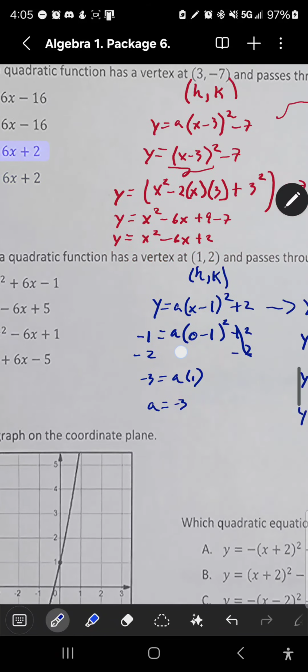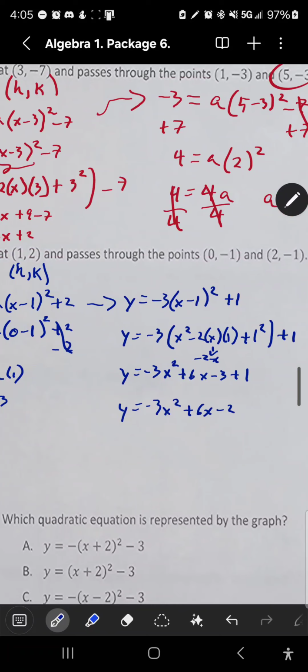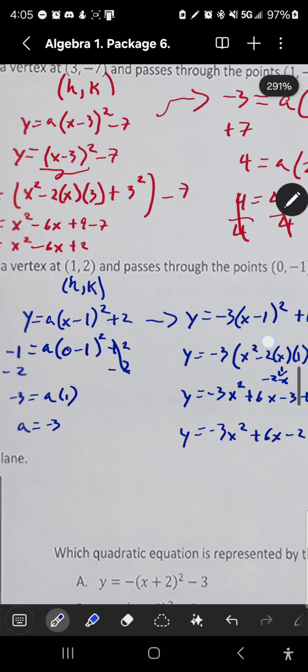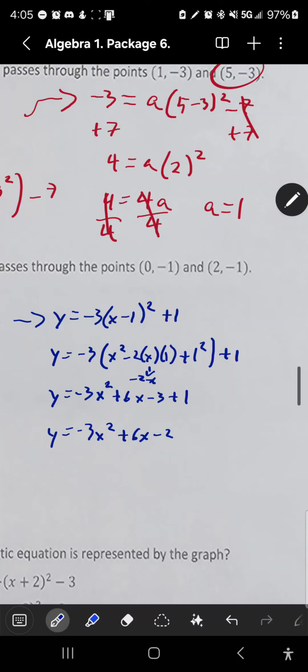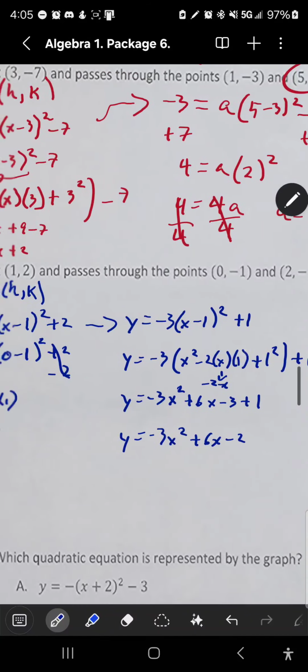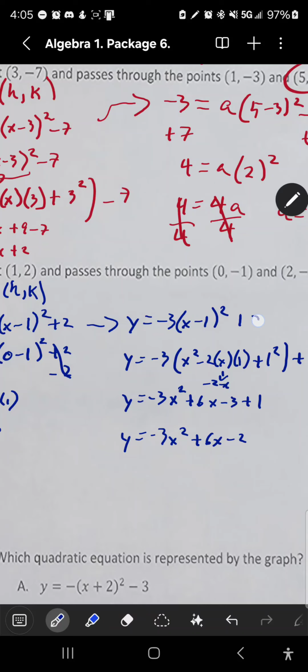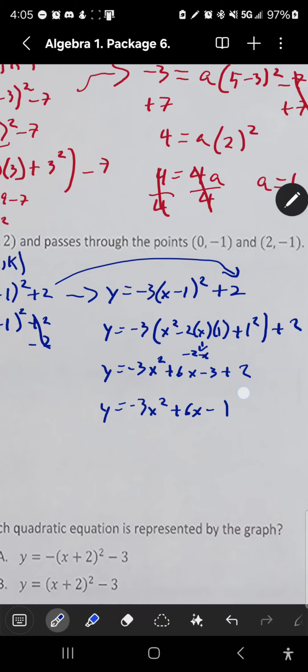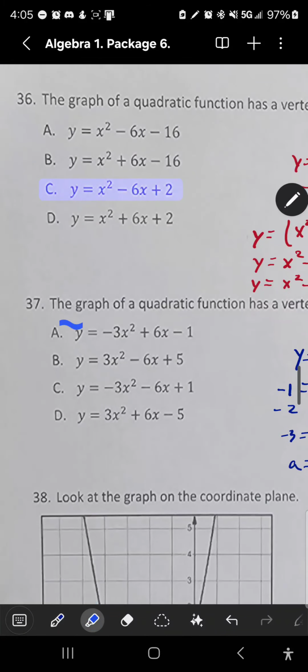So a is equal to negative 3. Oh, I see why. My bad. This is plus 2, and I put plus 1. Sorry about that. So this is plus 2, this is plus 2, and then negative 3 plus 2 is negative 1. And now we have it here.